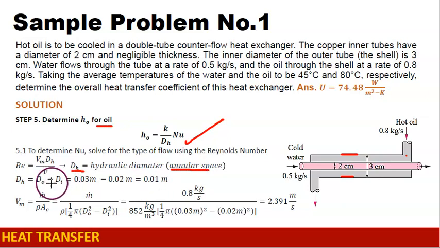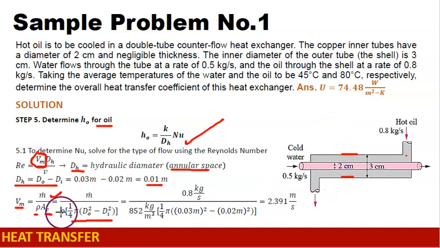So for the annular space, the hydraulic diameter can be computed using this formula: D outside minus D inside. So that's why our hydraulic diameter for this annular space is 0.01 meter. So substituting to solve for the velocity of oil, mass flow rate of oil divided by density of oil times cross-sectional area, which is the cross-sectional area of the annular space.